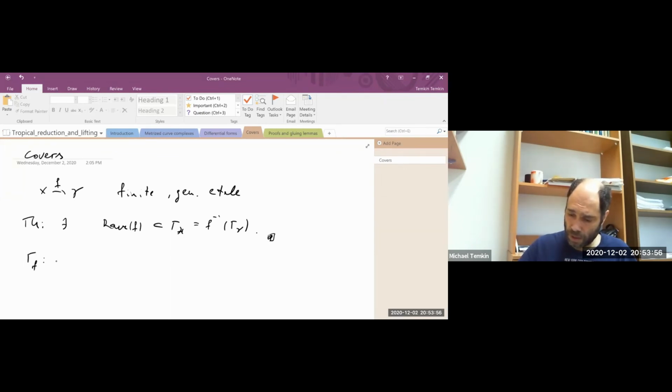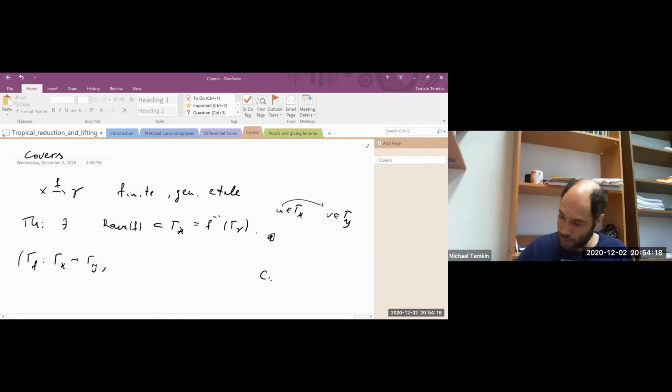It induces gamma f from gamma x to gamma y, and also for any vertex u in gamma x mapped to v in gamma y, there is a map Cu to Cv, which I shall denote f tilde at u.